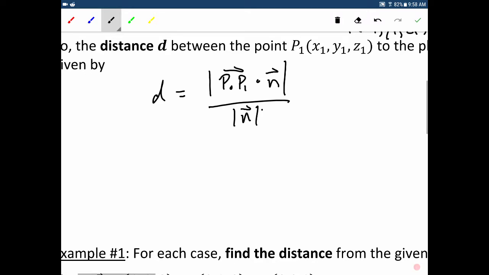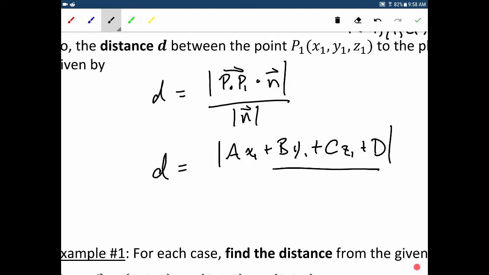Alternatively, and perhaps more usefully, we will have d equals a x1 plus b y1 plus c z1 plus d, and the whole thing is over the square root of a squared plus b squared plus c squared.